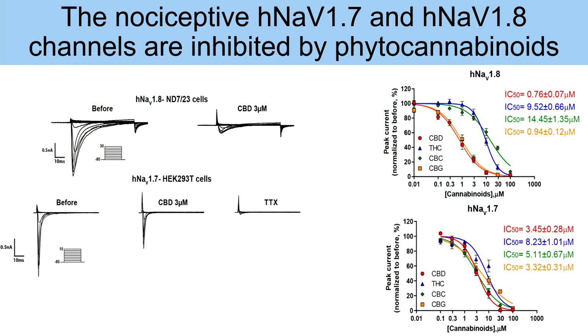So we now have a clear target, which is NaV1.8, and the reason that this can be a target is that if we look at the dose response and at what people found regarding the pharmacokinetics of CBD and THC, if you push the results a little bit, you can get up to 1 micromolar of CBD, something like half an hour after a patient uses a higher dose of CBD or CBD-rich plants.